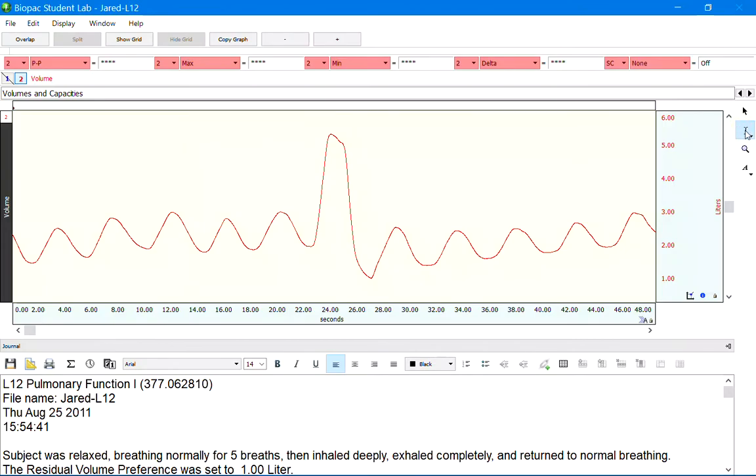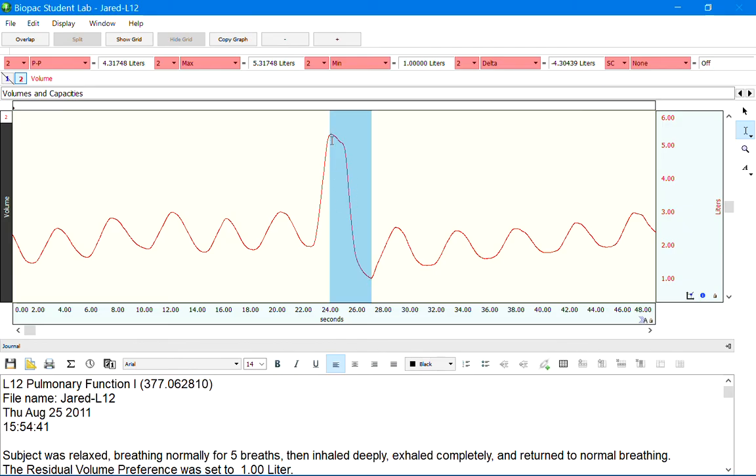The first thing is to click on the I-beam over here, and then click on the maximal inhale, and then let's scroll over to the maximum exhale. So remember, these are 5 normal breaths: in, out, in, out, in, out, in, out, in, out. Okay, maximal inhale and maximal exhale.